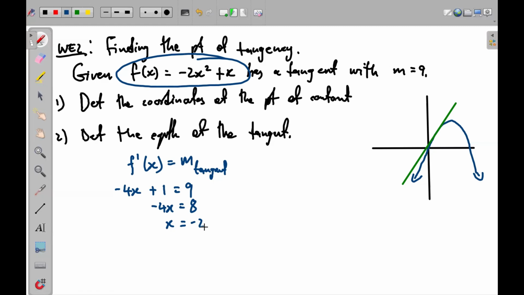All right. Then watch now what happens. I'm going to find the y coordinate because they said find the coordinates. Now, please, guys, remember, when I find the y coordinate, I've got to substitute into the original, okay? Plus or minus 2, I'll just say minus 2 then.